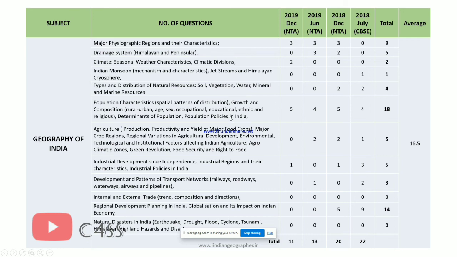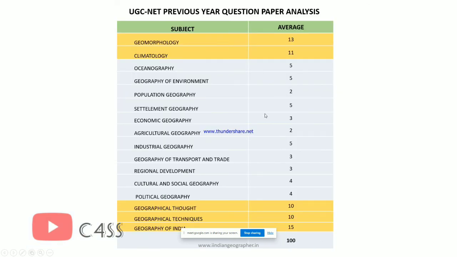concentrated upon. Now, putting this into a sheet, you'll find one analyzed sheet. So you'll find geomorphology and climatology, and the last three topics, the geographic thought, techniques, and the geography of India. You have more than 50% of questions coming from these 5 topics, right? So you know now where you should put your energies and how thorough you should be with these areas.